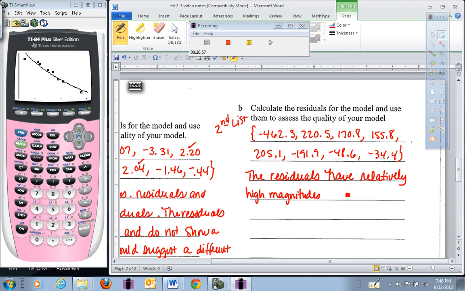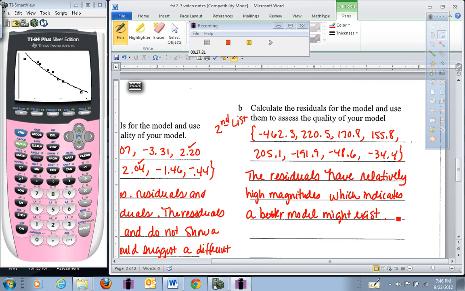Which indicates that there's a large amount of residuals, so there's a large amount of error. If there's a large amount of error, this would indicate a better model might exist. We don't know for sure until we go out there and look for other models or run different kinds of regressions and look at the error again.